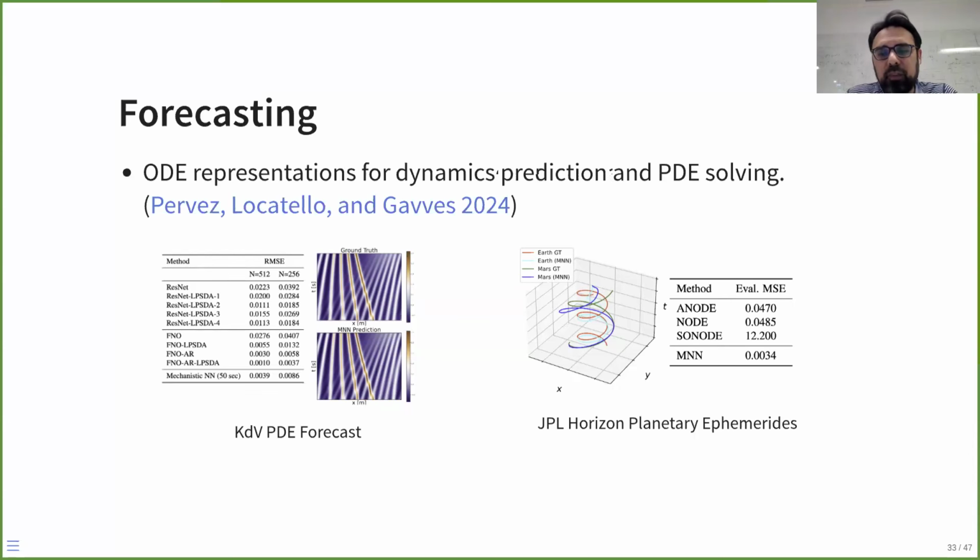Then we divide the data into train and test, and we try to predict into the future. We compare against neural ODE methods, and neural ODE methods do not work well in my experience for this case, whereas we do fairly well. I think this can be improved if you use better neural networks, but we do fairly well in this prediction method.